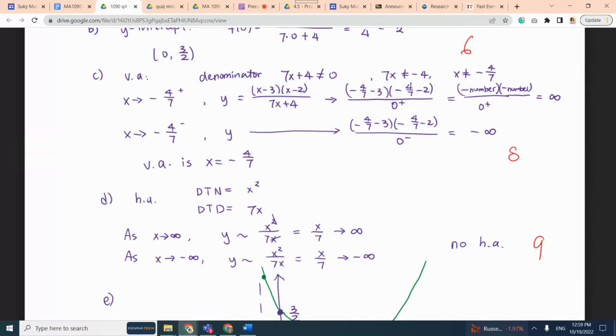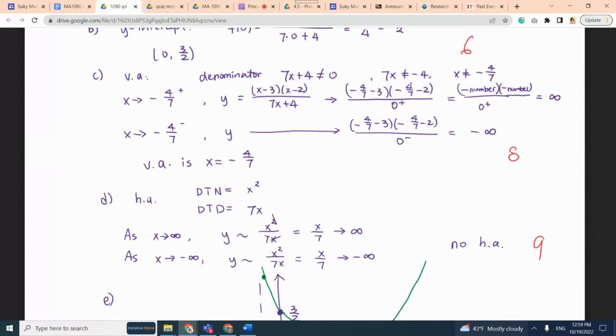So many of you just tell me no horizontal asymptote. That's not enough. You need to show all your work why we don't have horizontal asymptote and what is the end behavior. Okay? So that's why you say as x goes to infinity, the y behaves like, look at the dominant terms.